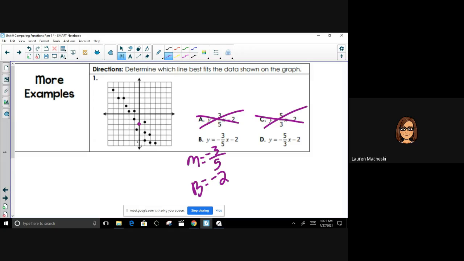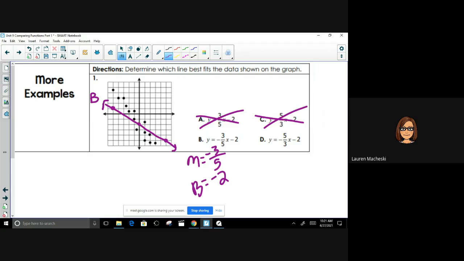What does over mean? 1, 2, 3, 4, 5. Then if I go up 1, 2, 3, left 1, 2, 3, 4, 5, and I make my line, is that a good line of trend? Are my points close to that? It doesn't seem like they're very close to it.